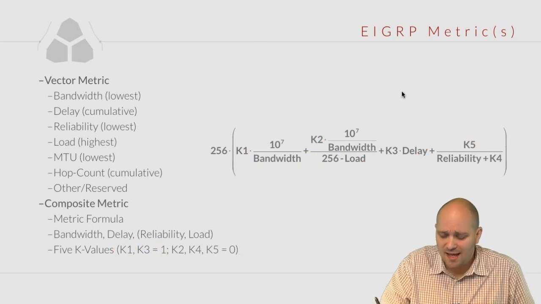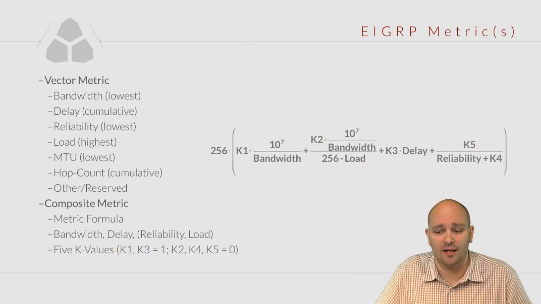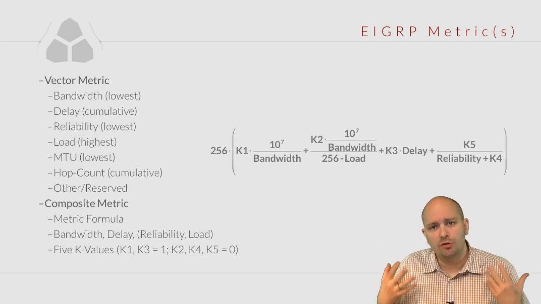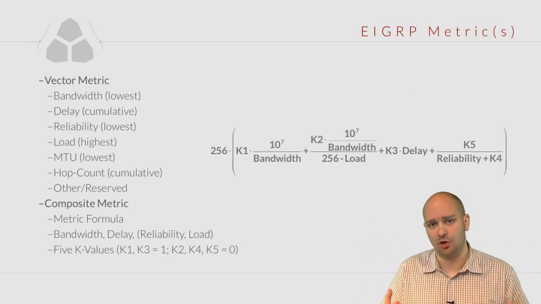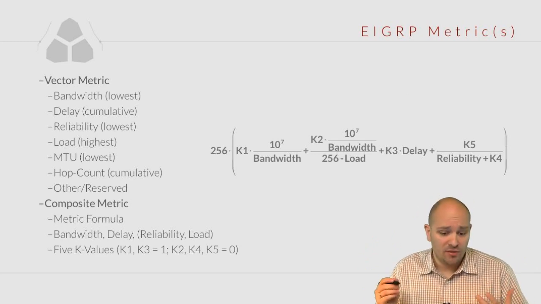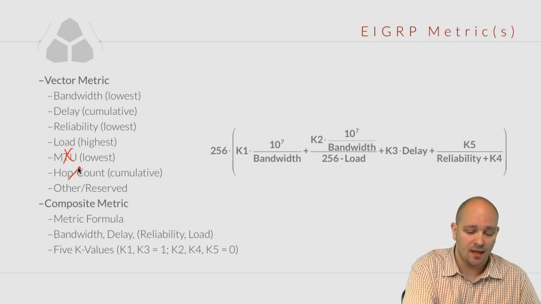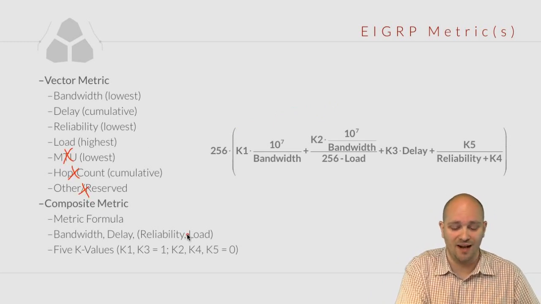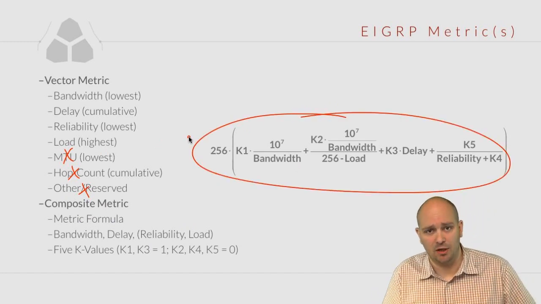Now, no one really expects you to know this formula, to know how to calculate the metrics manually, but it's a good thing to understand how this process actually works internally in iOS. One thing that I would like you to pay very close attention to is that MTU, hop count, and other reserved values by default do not figure in this metric formula.